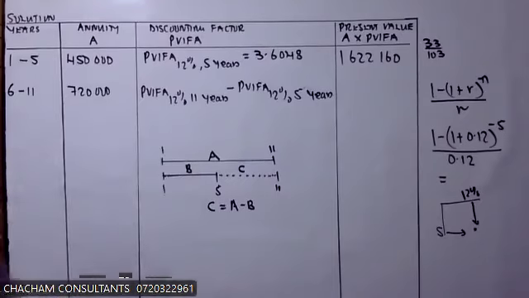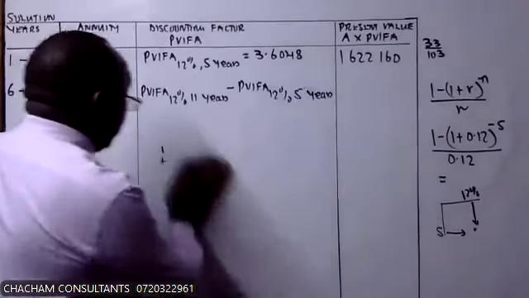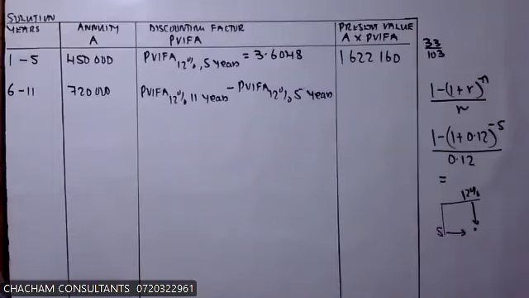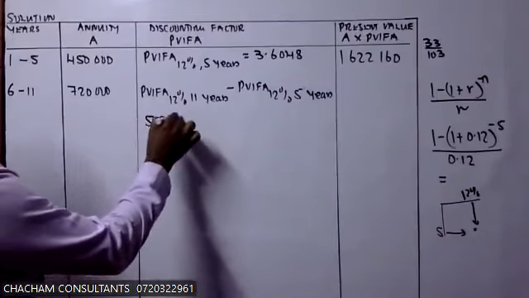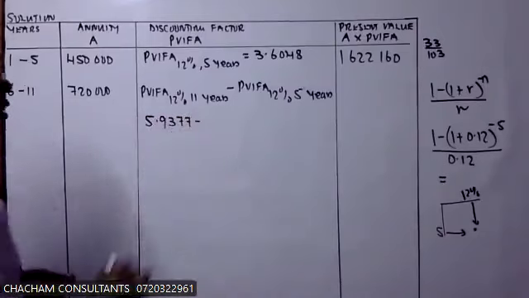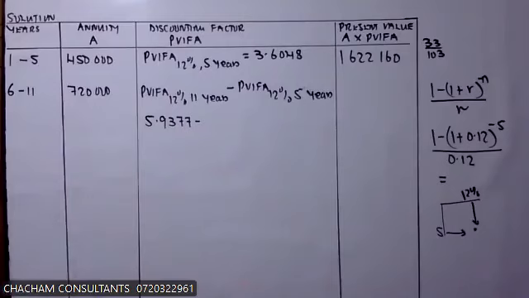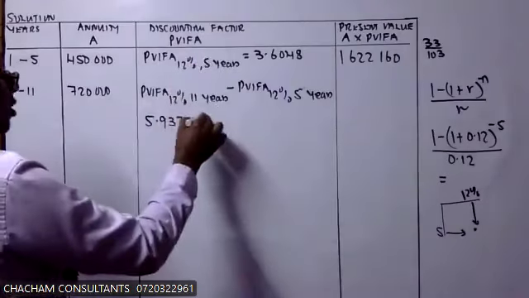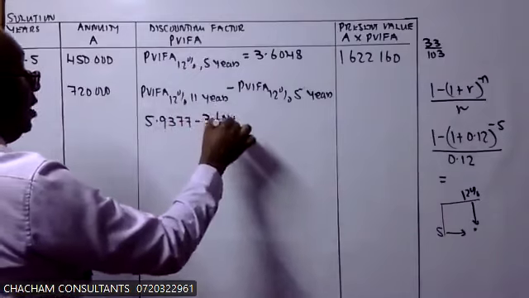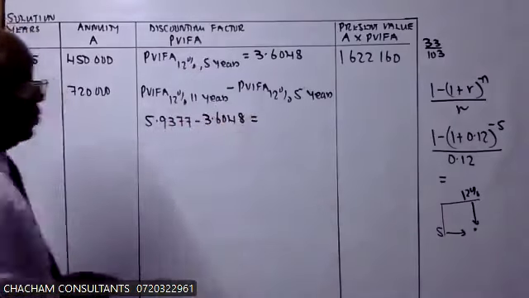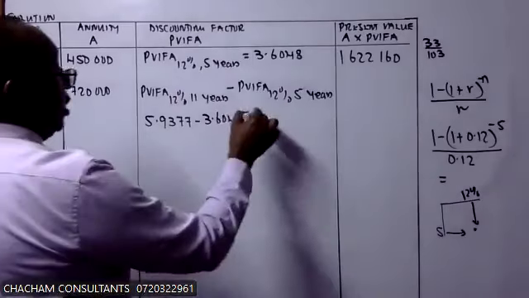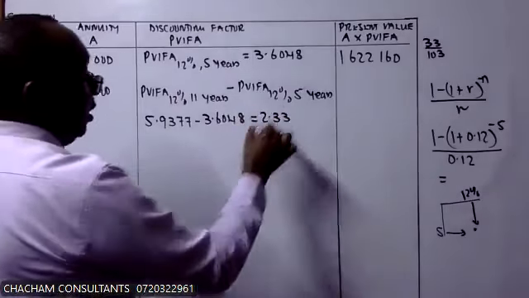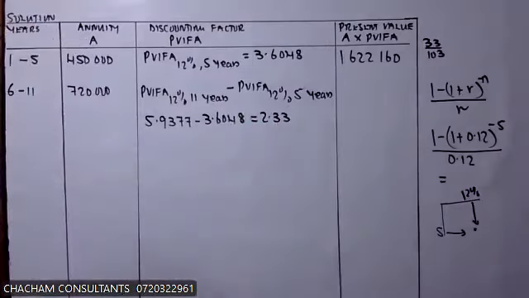Naomi has already given me everything. 5.9377, and 3.6048, which is what we had. And according to Naomi, the answer is 2.3329.